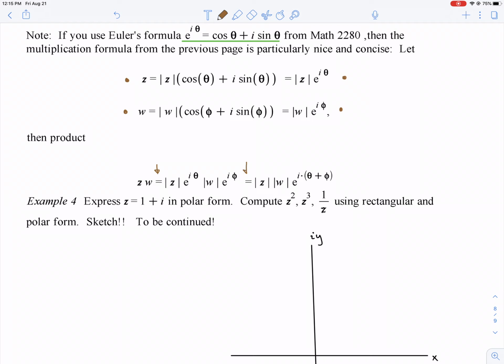And so this is exactly the computation on the previous page, just using the definition of e to the i theta to go from trigs to exponential. And then the formula makes total sense. It's just equivalent to the rule of exponents for e to imaginary numbers.